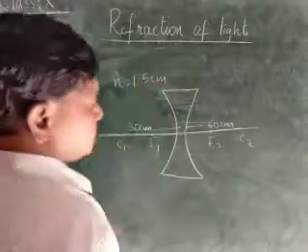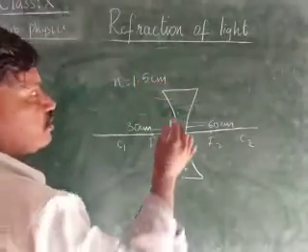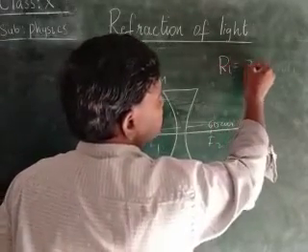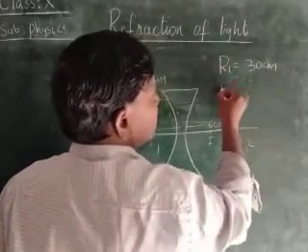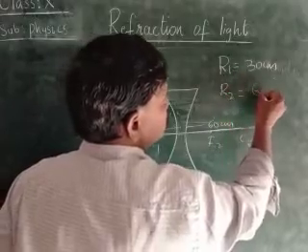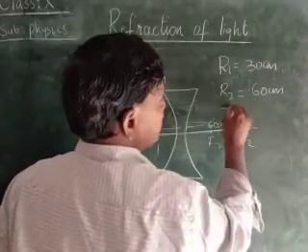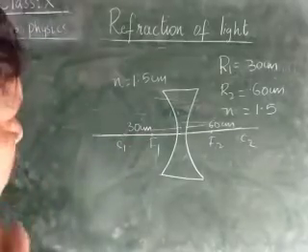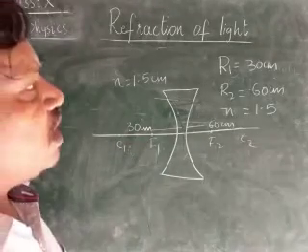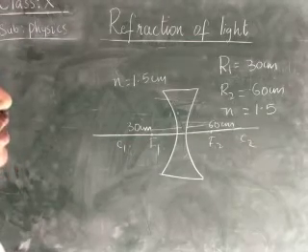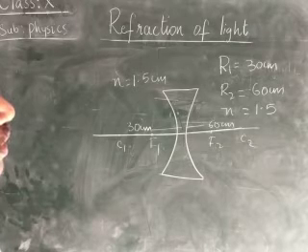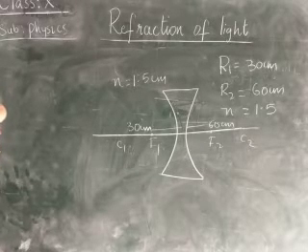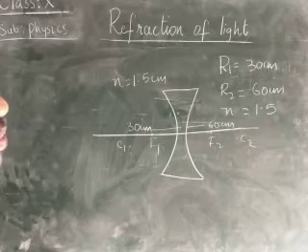So r1 is 30 centimeter, r2 is 60 centimeter, and n is 1.5. Okay, children.